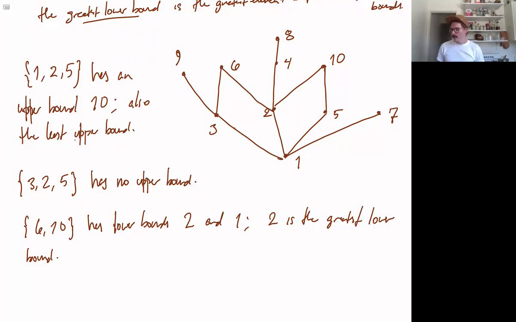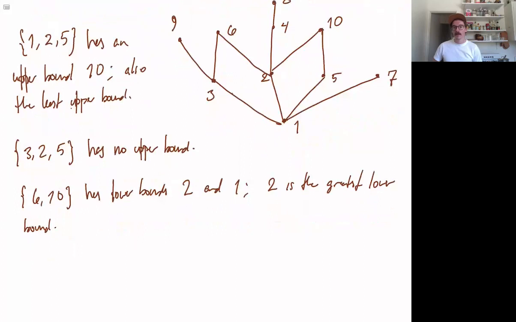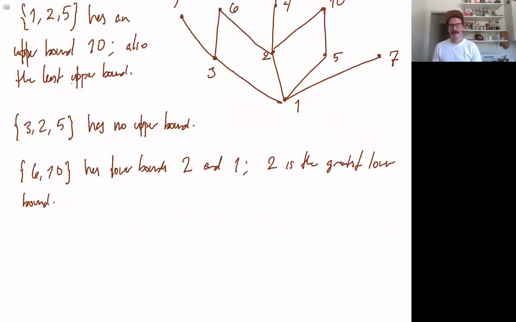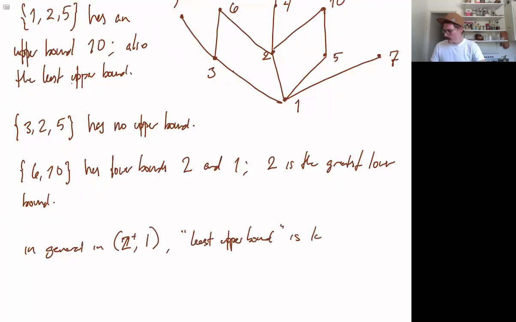So can we come up with an example in this case where there is a lower bound but no greatest lower bound, or an upper bound but no least upper bound? In fact, in this case, we cannot, because there's a nice interpretation which we know will exist. So in general, if we consider the positive integers with divisibility, then the least upper bound is simply the least common multiple of a bunch of numbers.